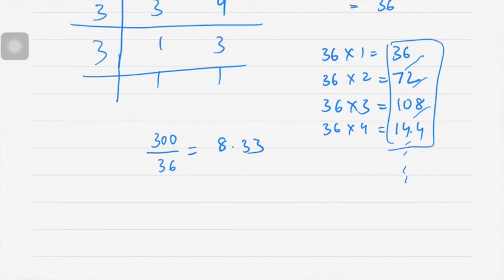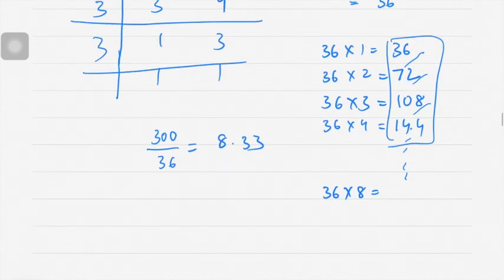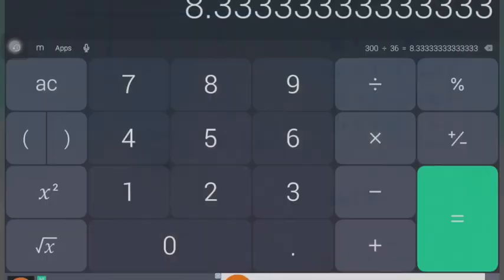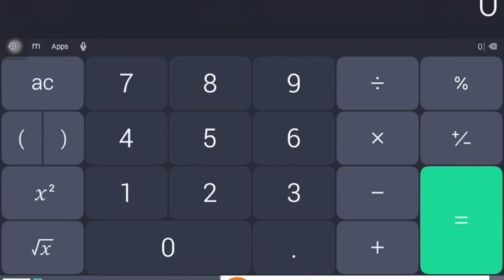So now what has happened? Just calculate 36 into 8. You have to ignore the decimal. 36 into 8 is 288.